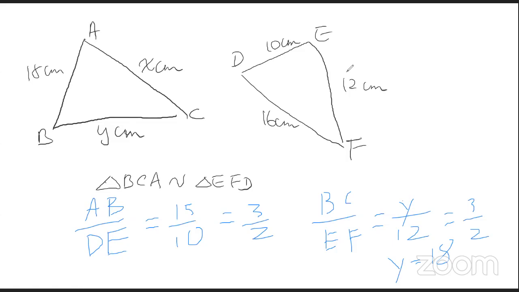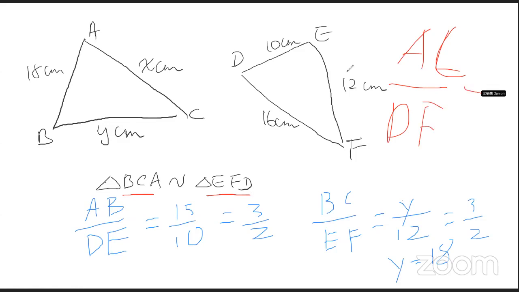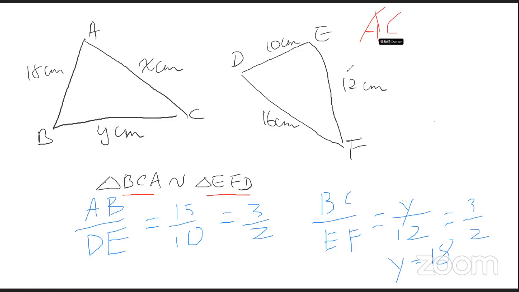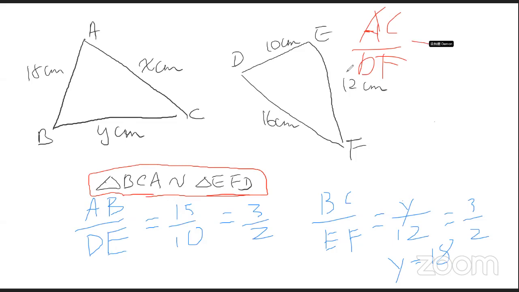Right. Now, when we write the triangle, we need to pair the angles correctly. Therefore, if we look at this one, we can already get the information on which angles pair with which one, or which side pairs with which side.